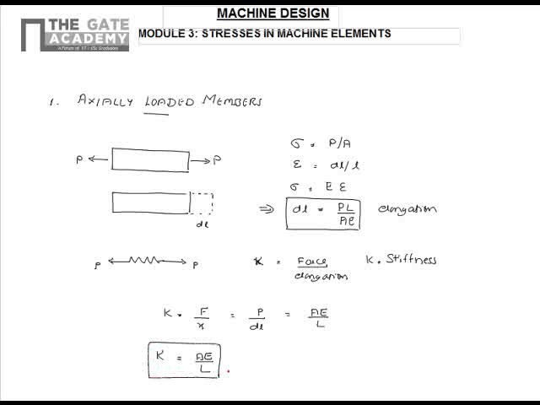The advantage of the analogous spring system is that it is easy to find the deformation for composite systems, where you have specimens in series and parallel.